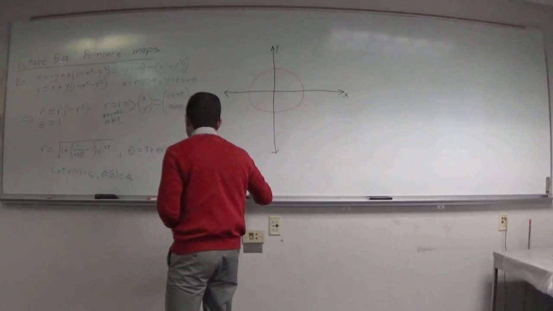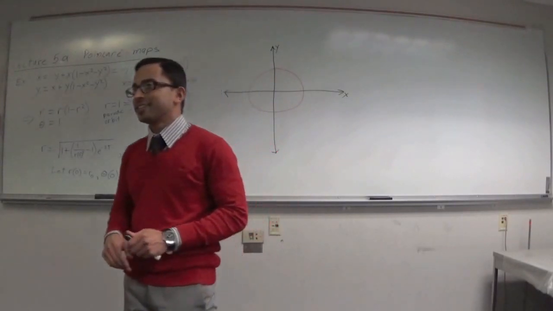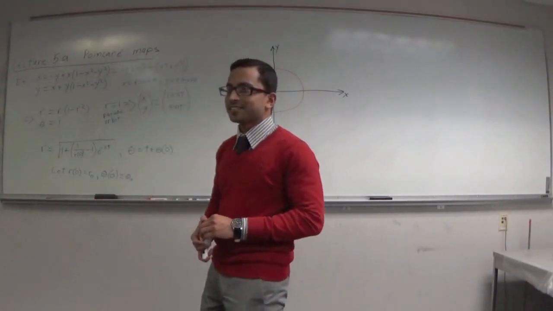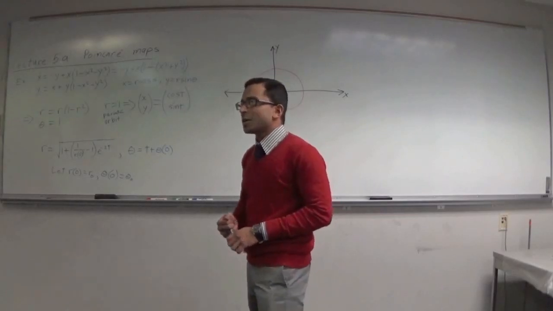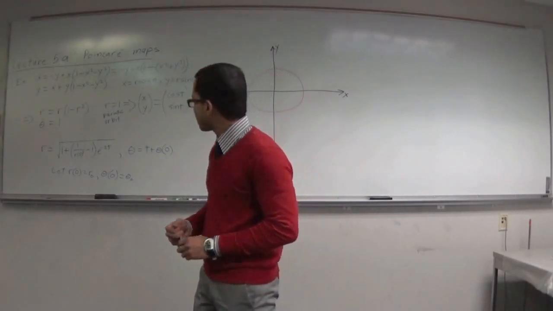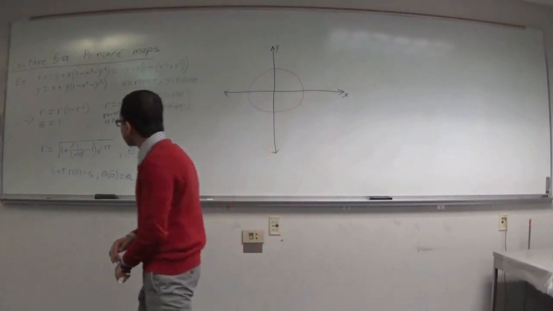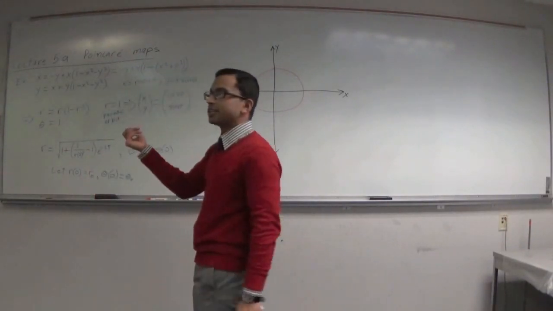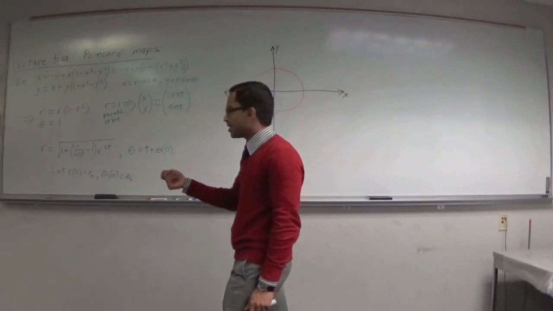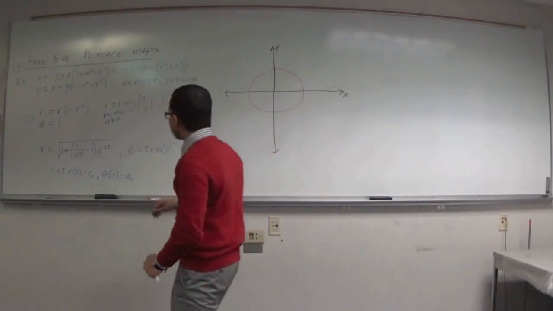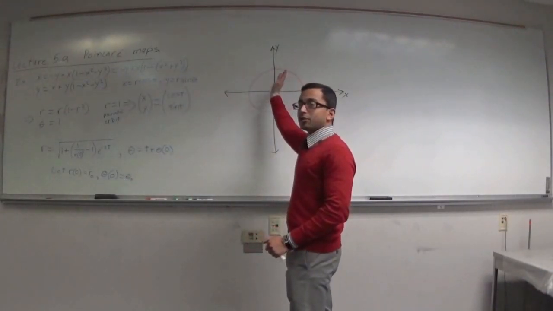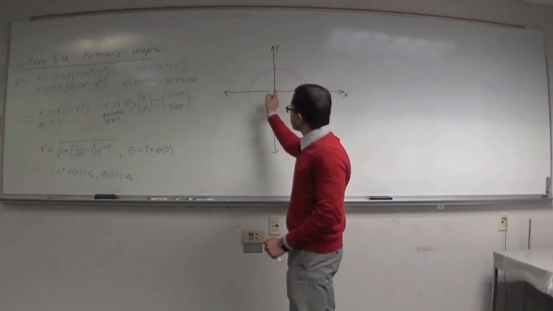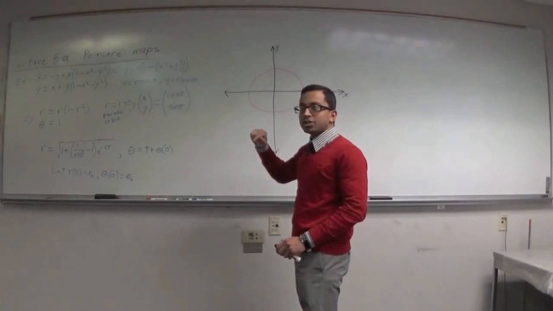So how do we want to draw this ray? At theta naught, exactly. Not at r naught, since r naught is just whatever it is. So we want to draw this ray at an angle theta naught that intersects the origin.